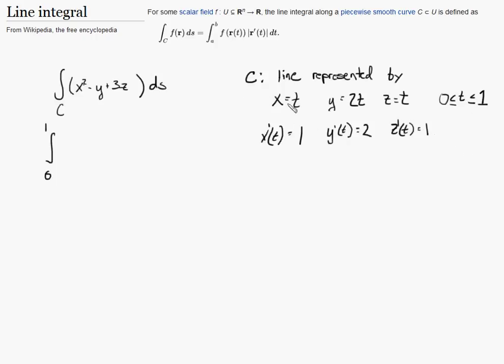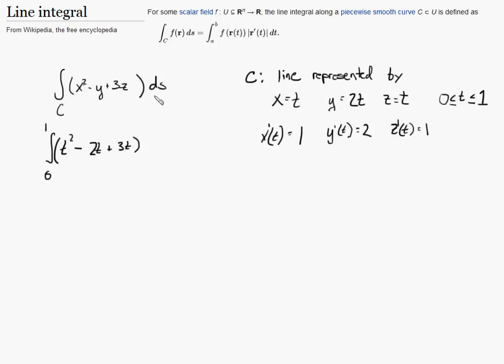And then using these definitions right here, we can rewrite our function in terms of t. So if x is just equal to t, then x squared is t squared, minus y is equal to 2t, so minus 2t, plus 3z, and z is just equal to t again, so plus 3t.